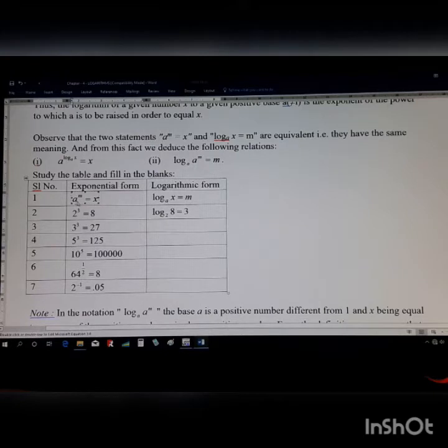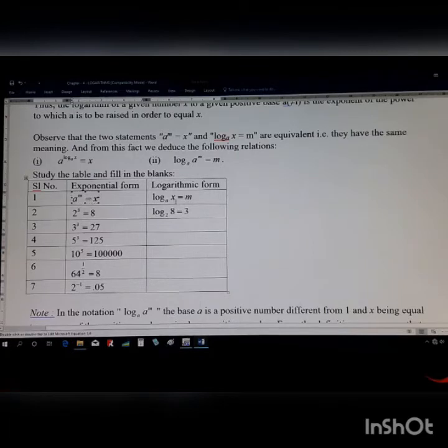And if you want to express this exponential form in the logarithmic form, it is like this. This base will still be the base. The only thing is this power and the number will be interchanged in the form of logarithm. So the power becomes the value, and this number in the exponential form will be the one we take the log of. Now see, a to the power m equals x. Then in case of logarithm, the base is the same a here, and this number we are going to take log.